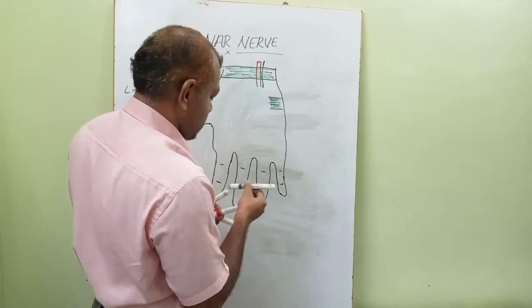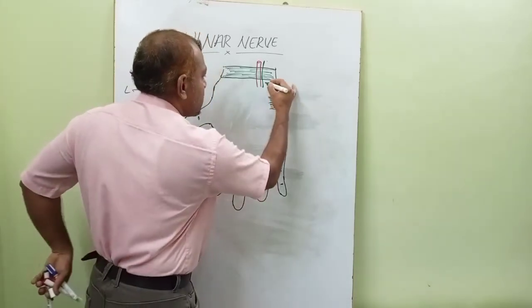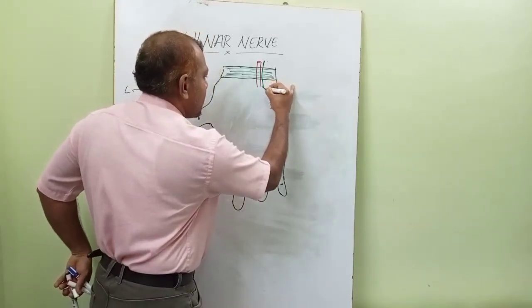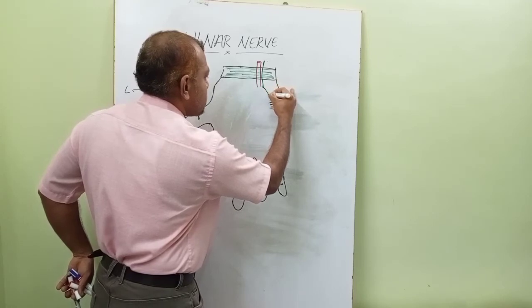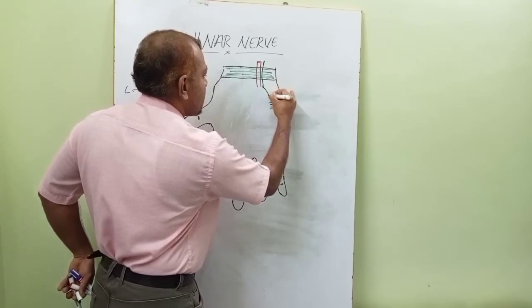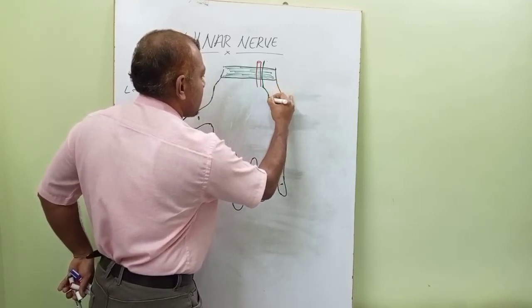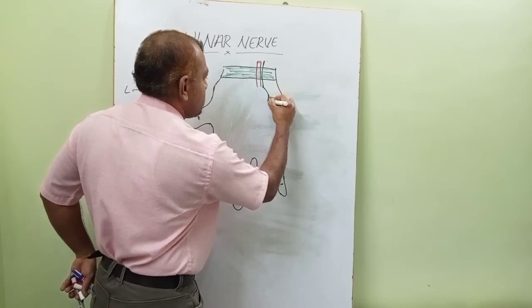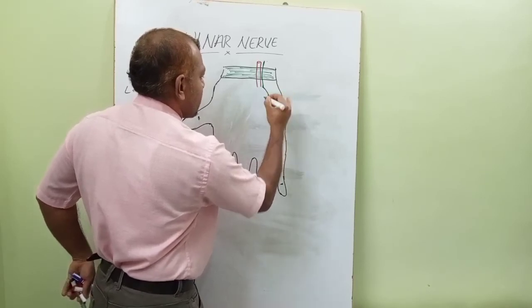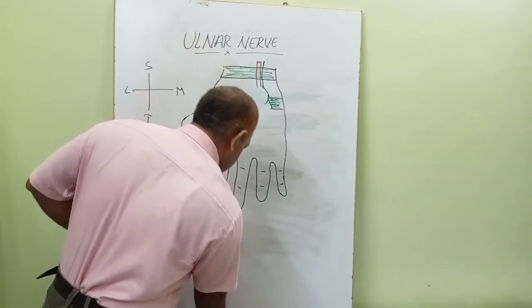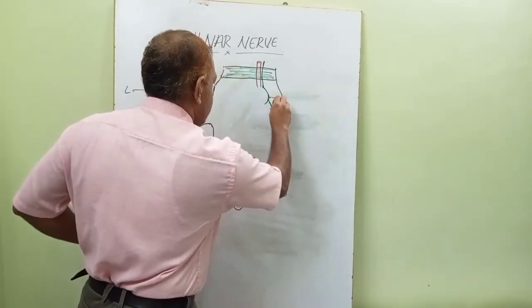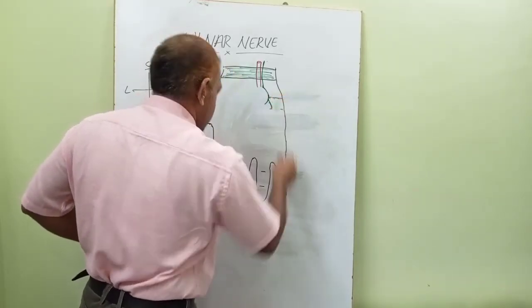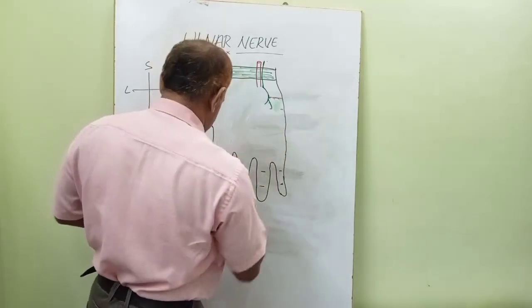The ulnar nerve is running towards the palmaris brevis, and under the palmaris brevis it is going to divide into superficial and deep branches. It is running like this and dividing into superficial and deep branches. So this is your superficial and deep branch.